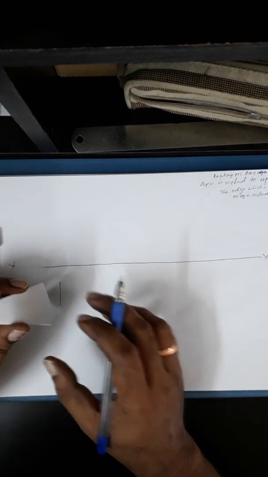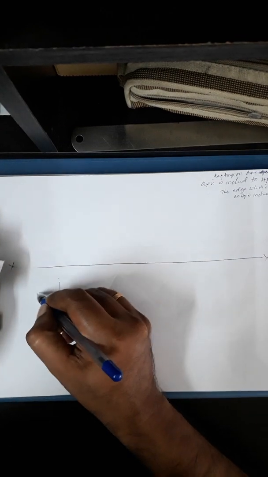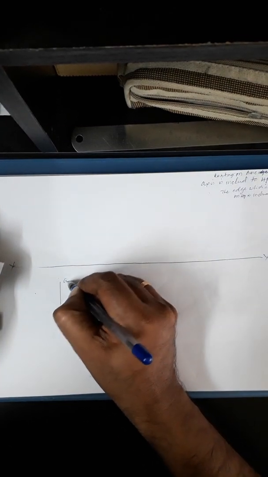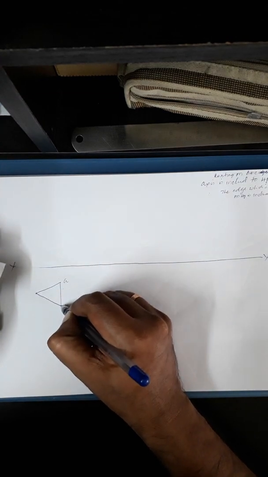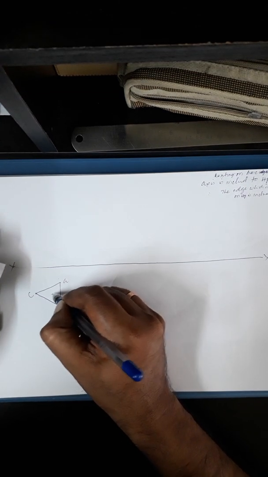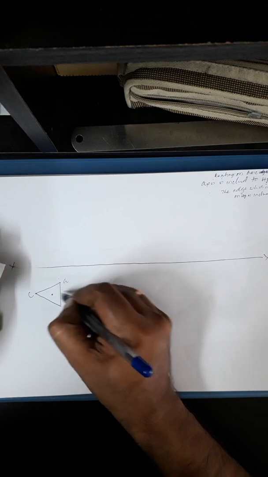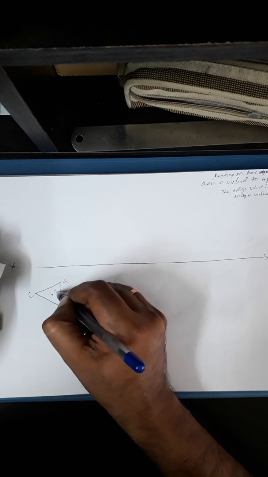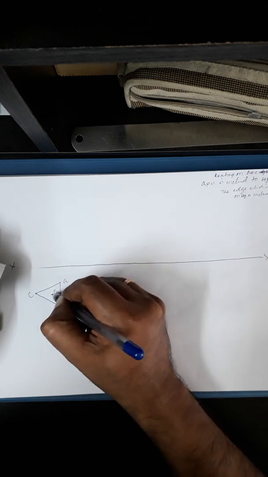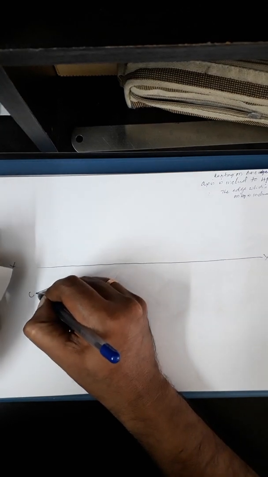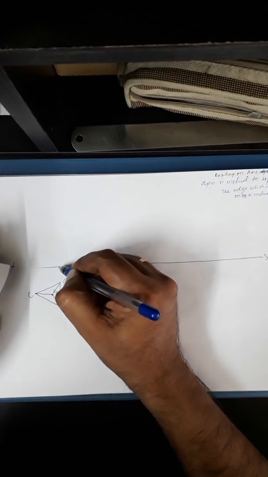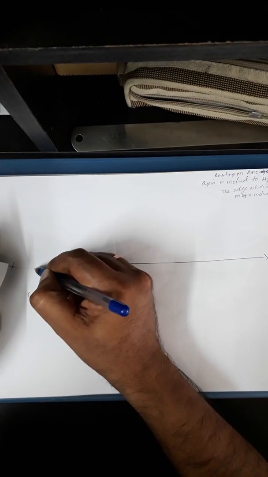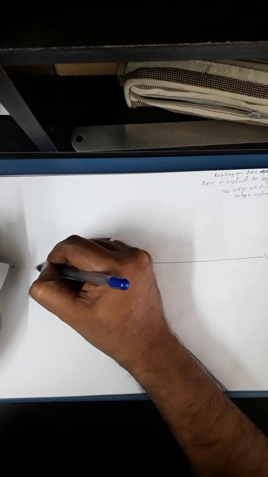So I'll go with the triangular pyramid. If this is AB, and this is C, then it will be a triangular pyramid. Then locate the center, bisecting any two sides, O and O1. So then you can see these inclined edges. Go for projecting this.